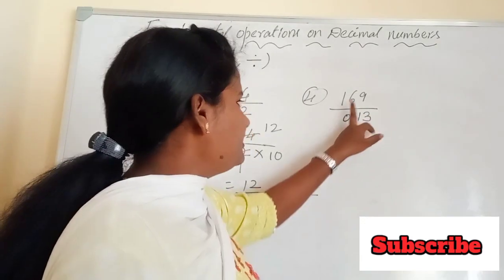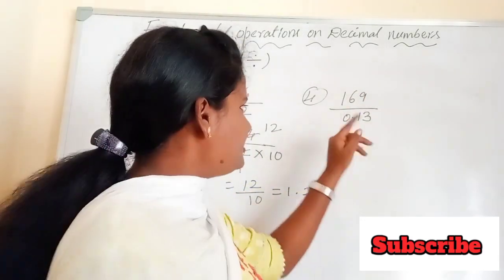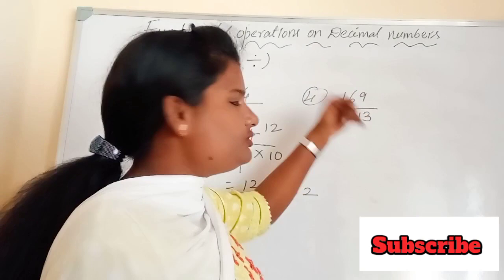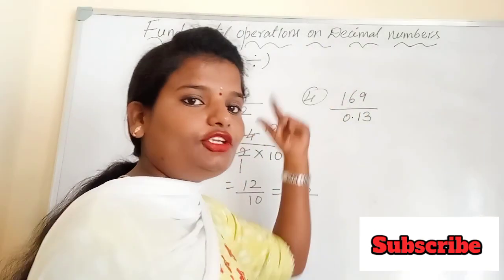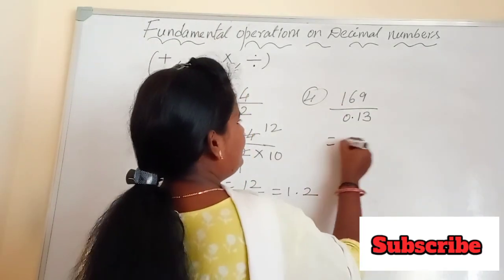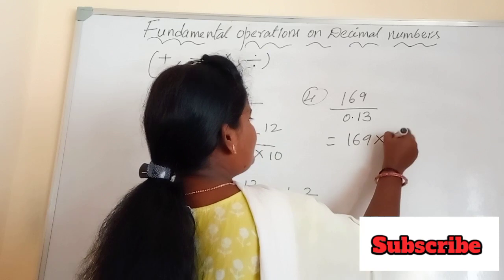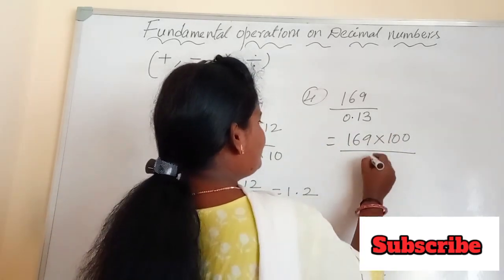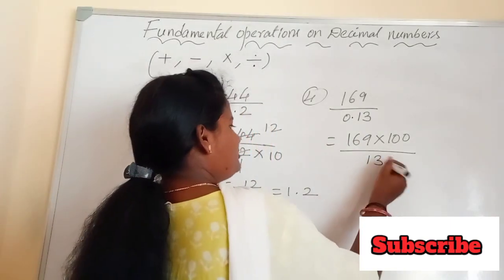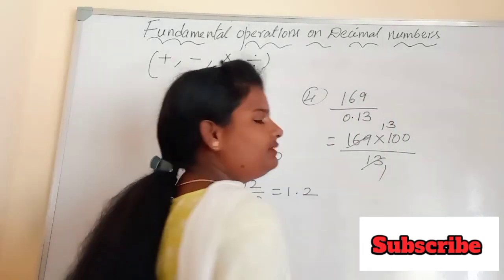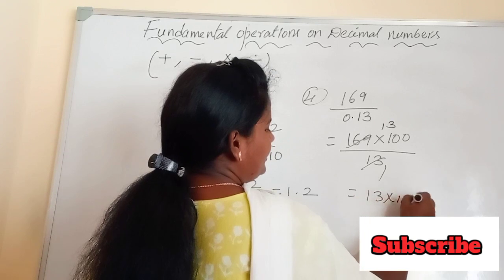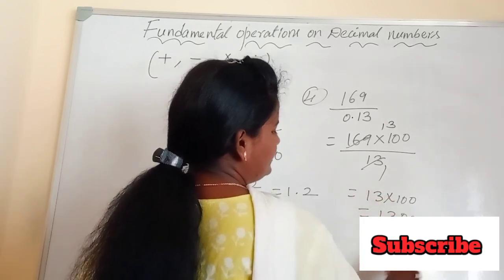After the point in the numerator there are no digits, and in the denominator after the point 2 digits are there. So now we have to add 2 zeros for the numerator. What will we get now? 169 into 100, divided by 13, ignoring the point now. Now we check. 13 ones are 13, 13 13s are 169. So 13 into 100, how much will we get? 1300 is our answer.